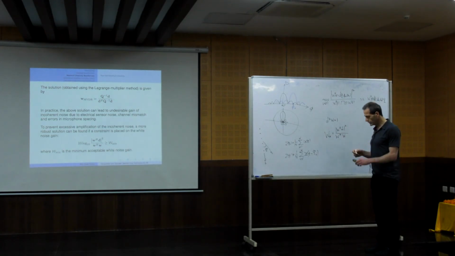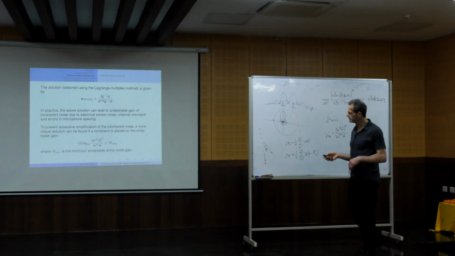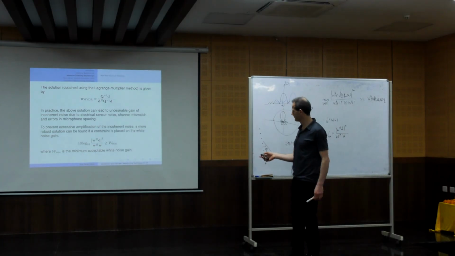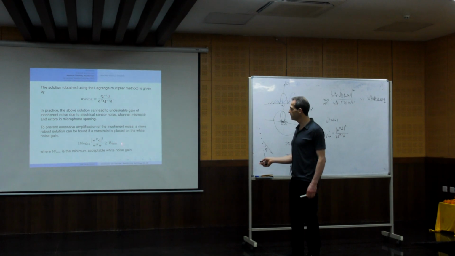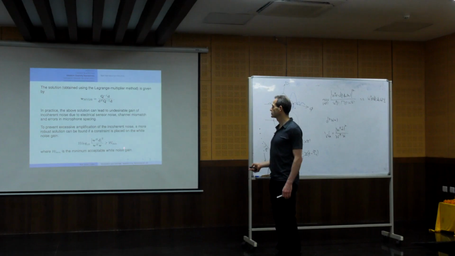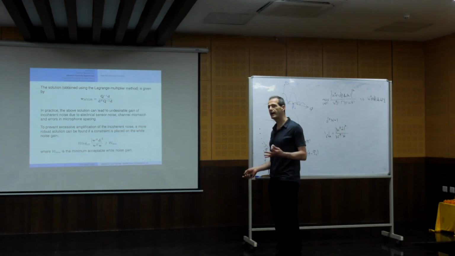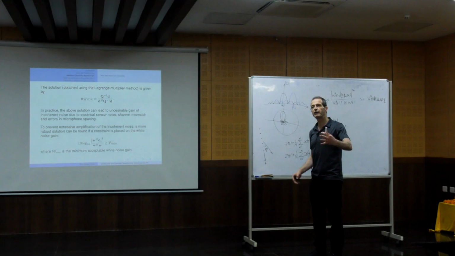And as I said, we don't want this to be too low for any frequency. So we need to limit it to be larger than a certain threshold, the minimum acceptable threshold. If it's, for example, minus 20 dB, it means that we allow the beamformer to amplify the thermal noise by 20 dB.